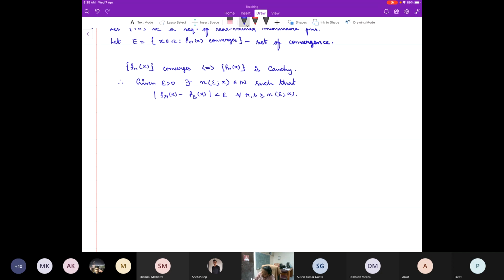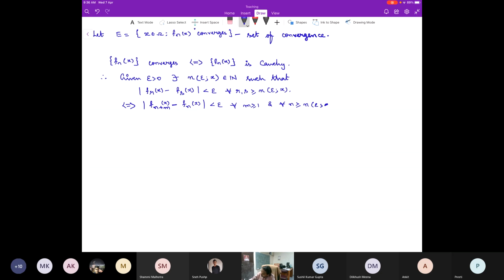Right. In fact, this is equivalent to saying that modulus of f(n+m)(x) minus fn(x) is less than epsilon for all m bigger than or equal to 1 and for all n bigger than or equal to N(epsilon, x).